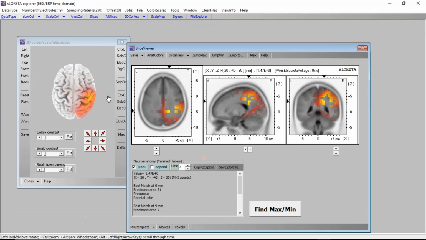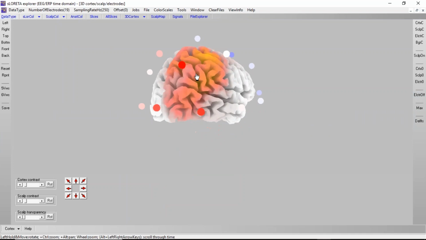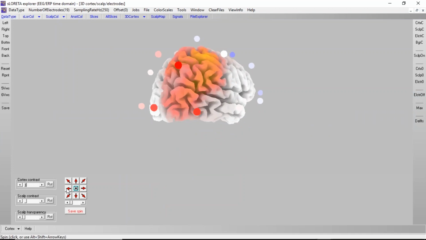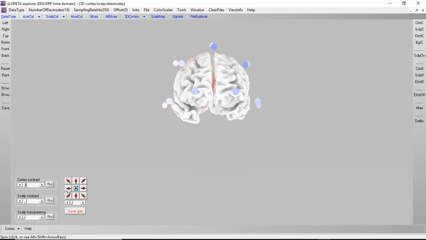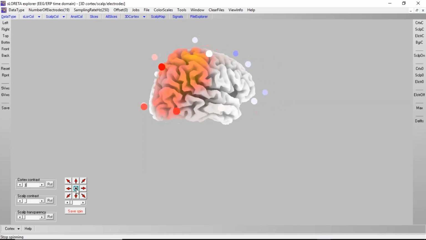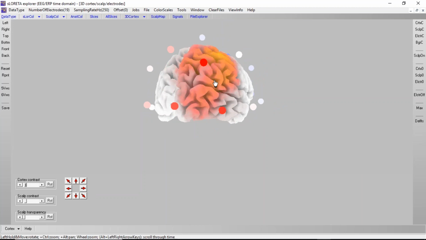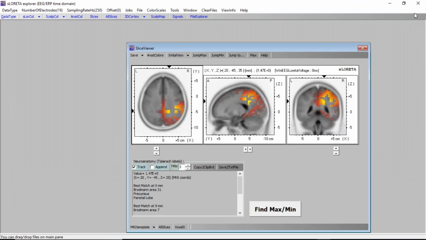And then also, we can look at it from this perspective. So it's going to show us the area of the brain that is involved in the hyperactivation and the area that's involved in the hypoactivation. So this is crucial for that golfer.